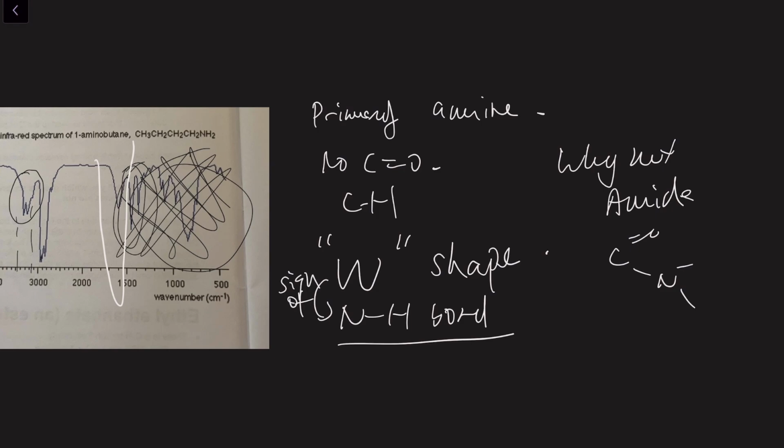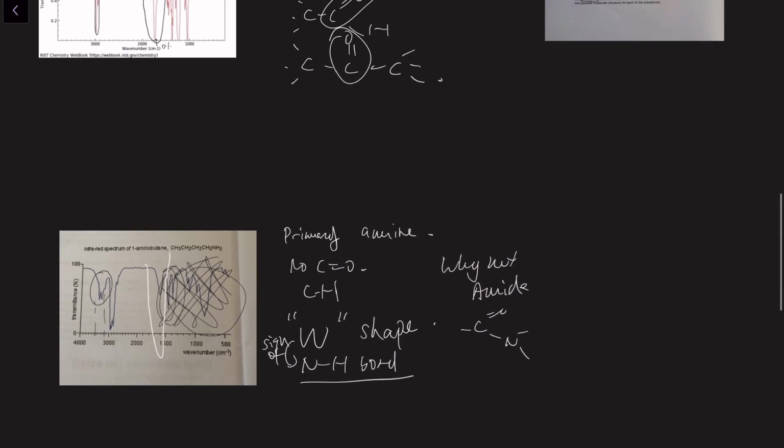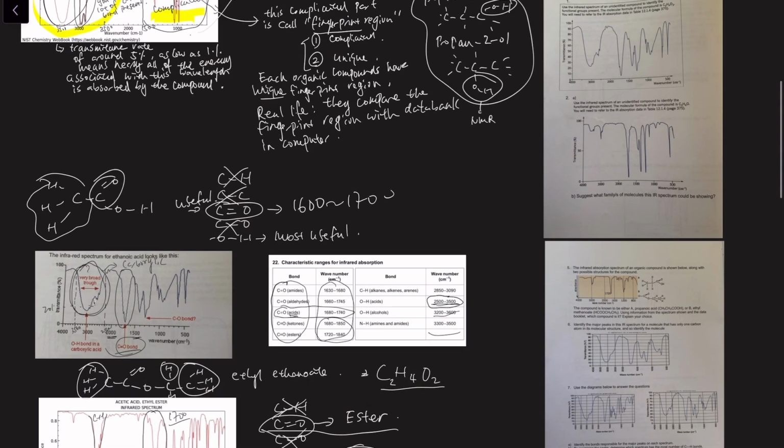But for this one, since we don't have any CO double bond, it is amine. So that's all you need to know about the infrared spectroscopy. The most important thing is to do practice questions. So let's have a look at the practice questions.